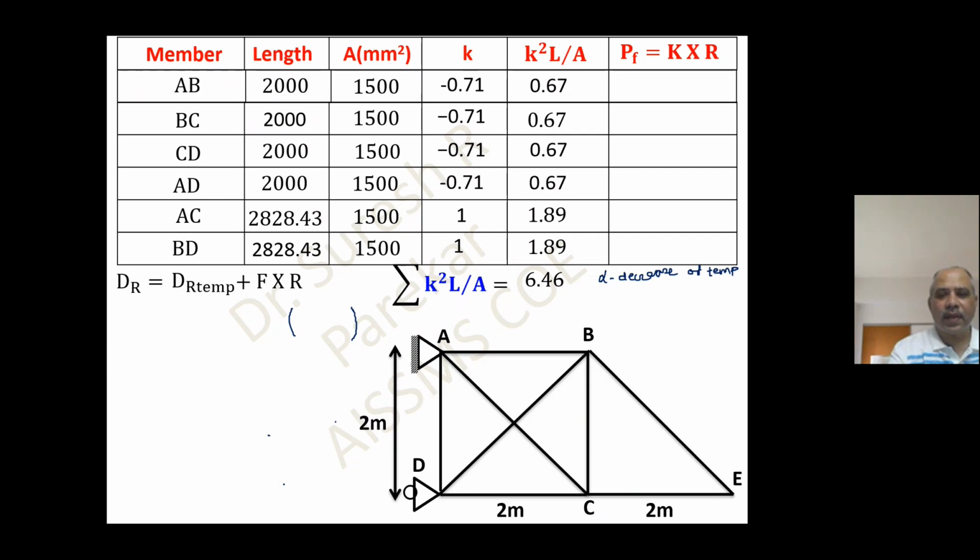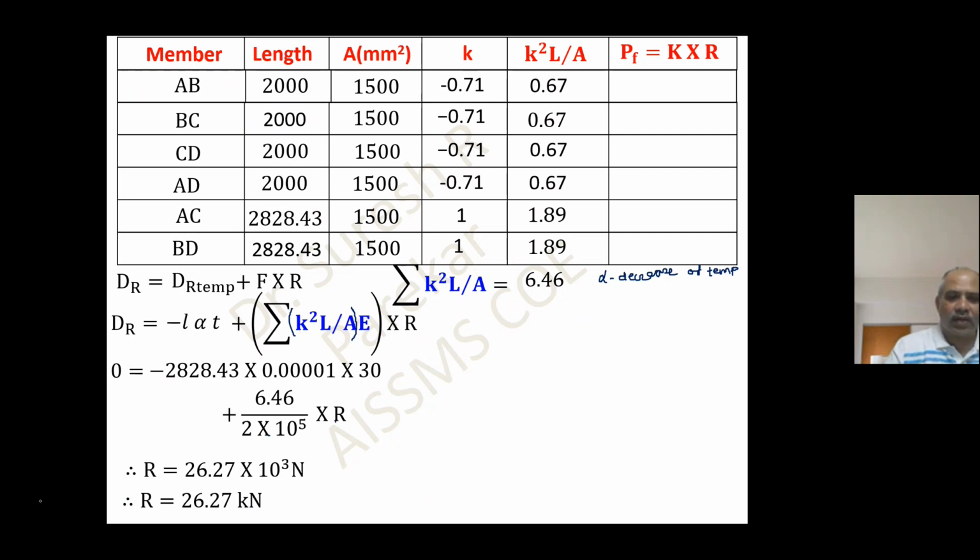So now we calculate the other values with R equal to 26.27 kilonewtons.